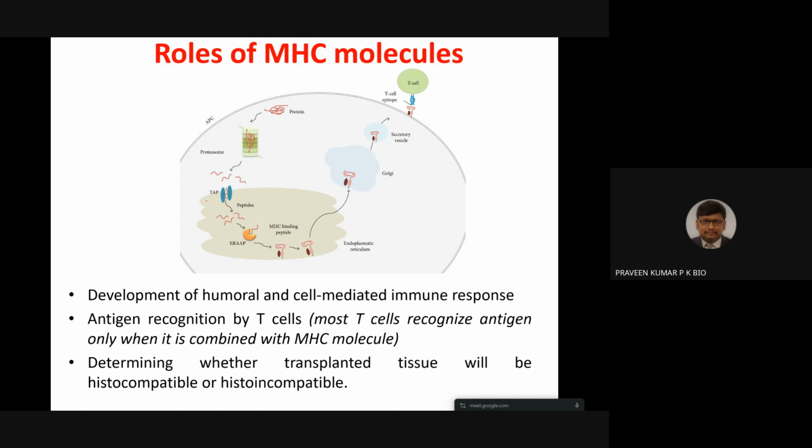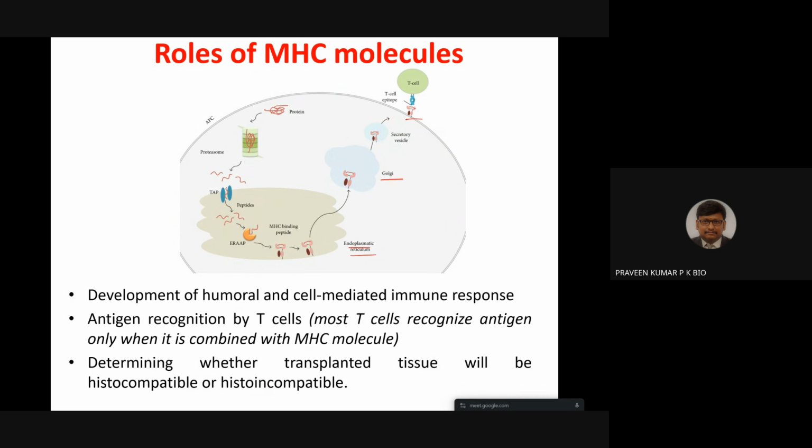These are transported through the transporter associated protein, and the peptides that cross through these proteins, ERAP, meet the MHC molecules, which are initially present in the endoplasmic reticulum. The MHC1 is then transported through the Golgi apparatus and further through secretory vesicles, and the MHC molecules are exposed on the surface.